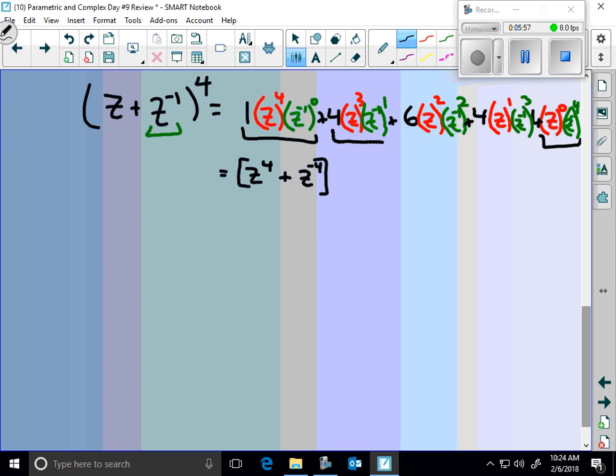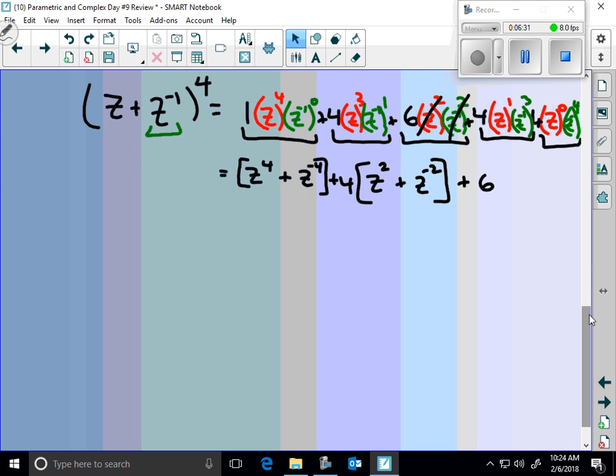What would this one become? 4z to the 2nd. Over here, that would be 4z to the negative 2nd. Both have a 4, so I'm going to factor that 4 out. This term right here will just be a constant. So z to the 2nd and z to the negative 2nd will cancel, and I'll get 6.